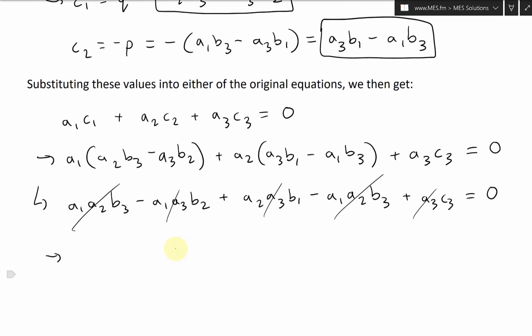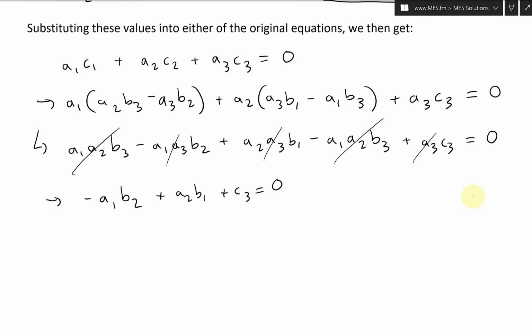So what we have now is, and let's just write what we have, I'll put that one in front. So minus A1 B2 plus A2 B1, and then plus C3 equals 0. So in other words, now we just move these over to the other side. These just switch signs.